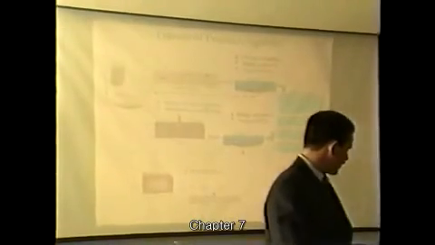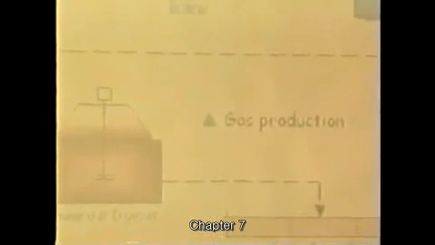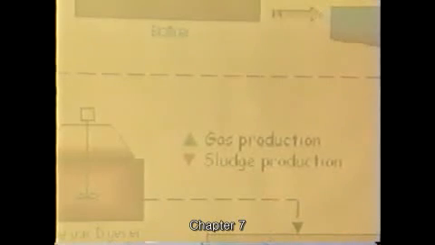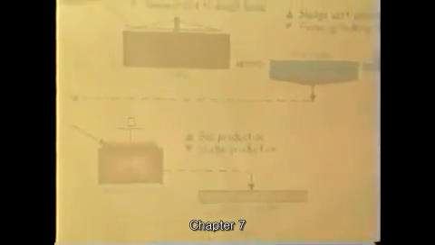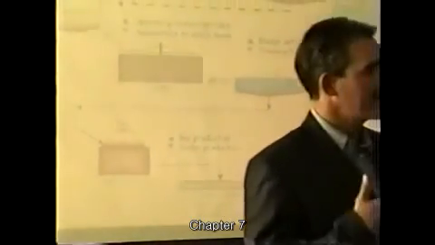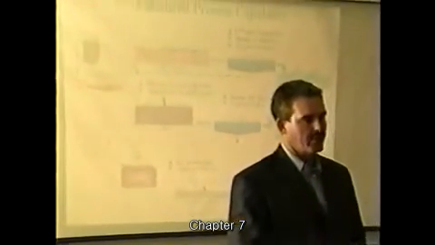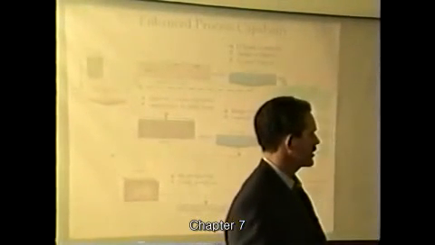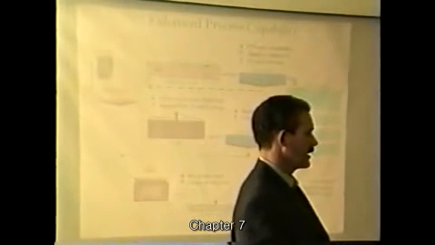If you're looking at your anaerobic digesters, we have more gas and less sludge, once again reducing any downstream impacts. So in essence, you are increasing your nutrient removal, improving your effluent quality, and most importantly, you are reducing your treatment costs. And that's what most people are interested in.